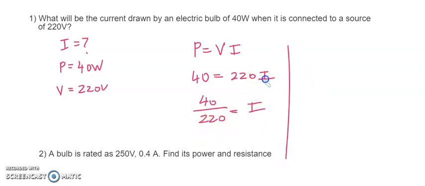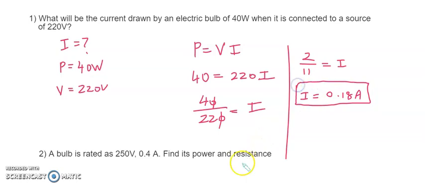I can simplify this by saying 2 by 11 is equal to I, but we need to write it always in decimal. So 2 by 11, I'm changing it into decimal. Always find the current in decimals. Don't leave it in fractions.